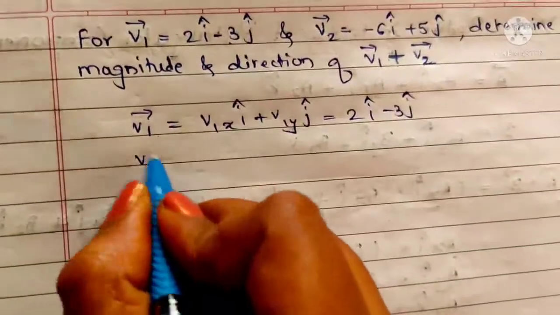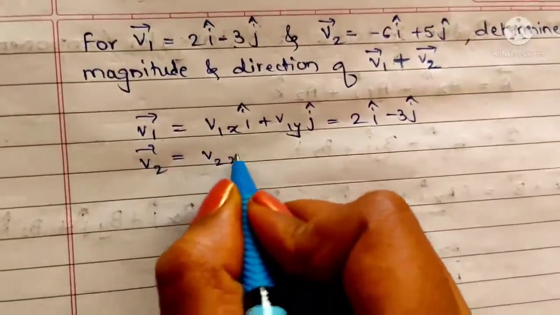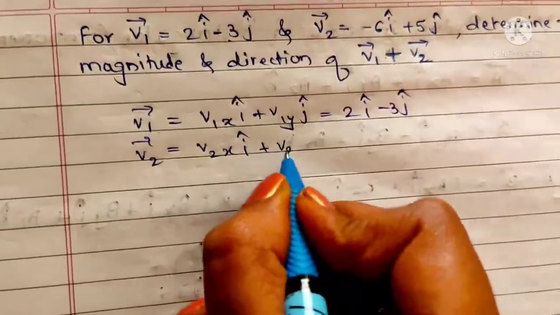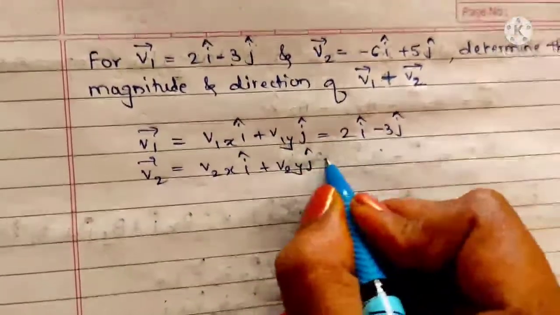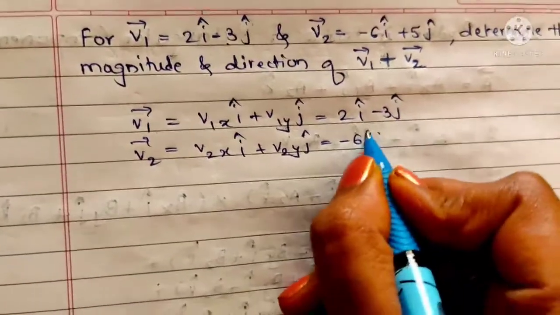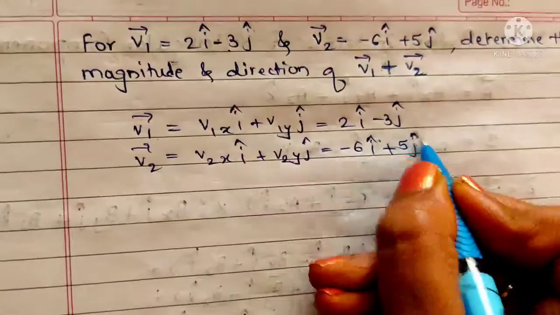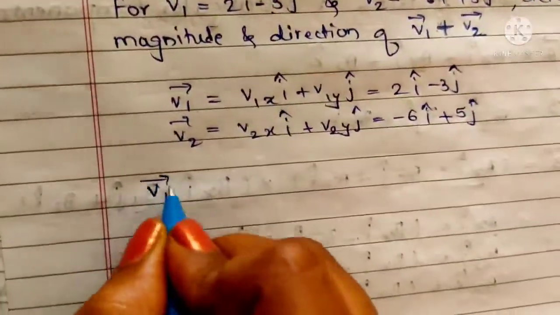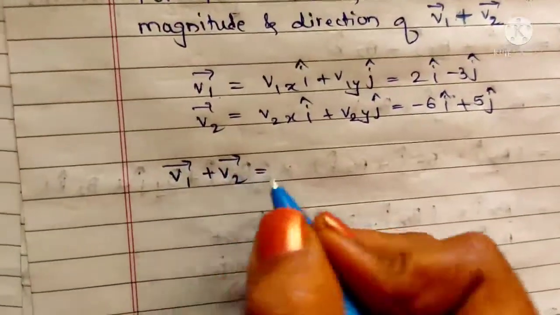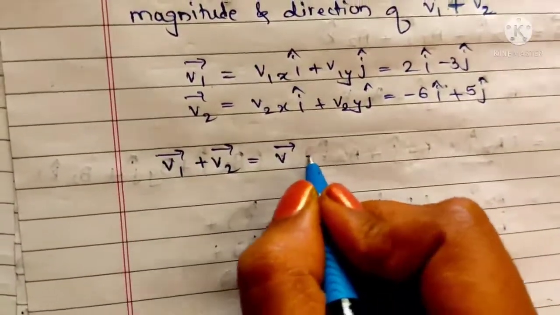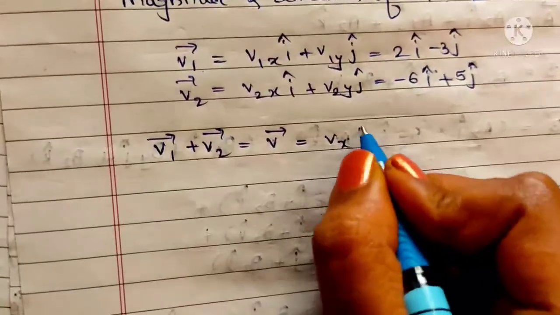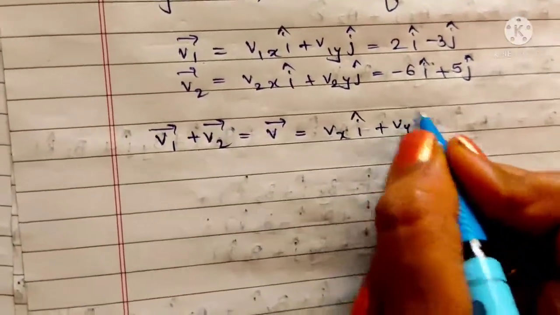Similarly, v2 bar is equal to v2x i cap plus v2y j cap, and it is given as minus 6i cap plus 5j cap, and the value of v1 bar plus v2 bar is equal to v bar, which is equal to vx i cap plus vy j cap.